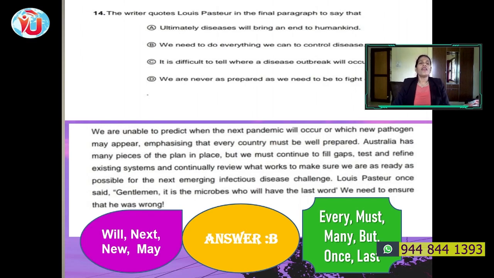Yes, we are unable to predict when the next pandemic will occur or which new pathogen may appear. You see, when you read the first sentence, you are getting a lot of things here as a clue. What are those? We, when, next, will, new, which, may.